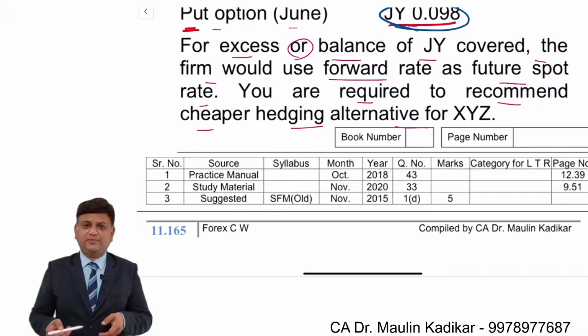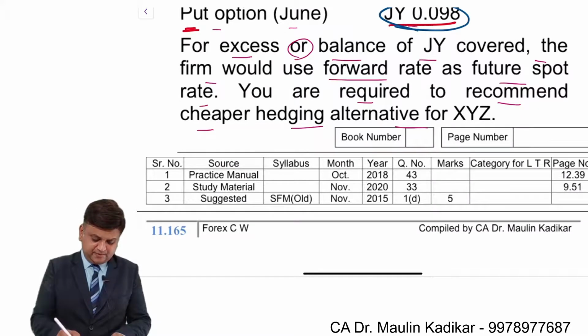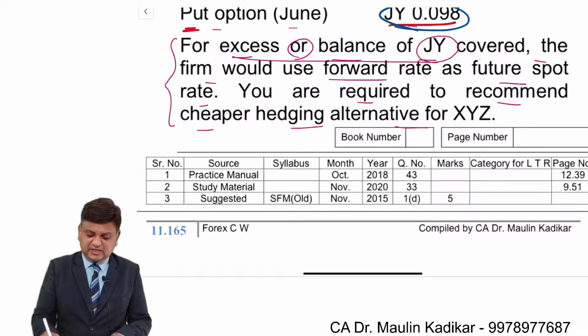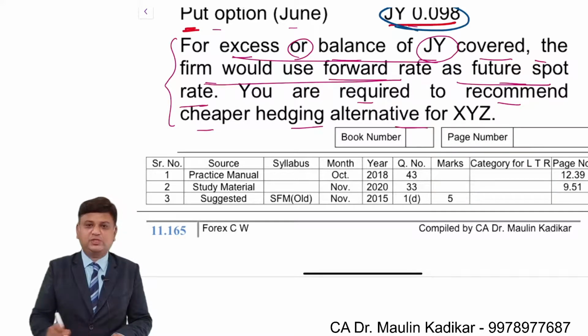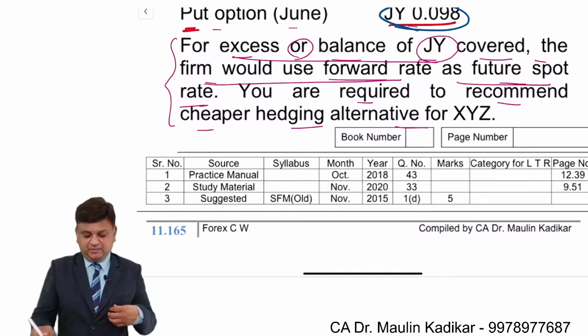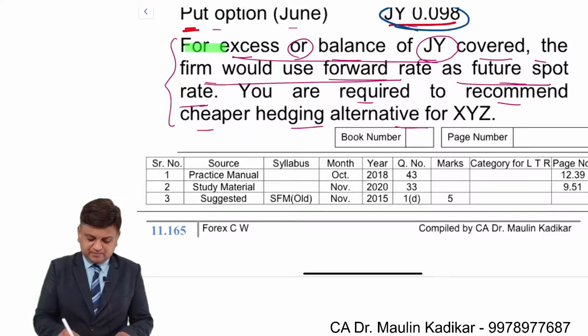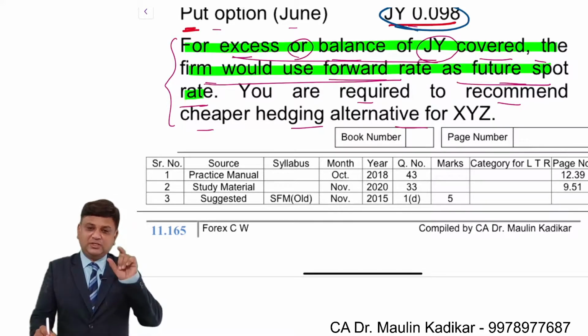See friends, over here surprisingly they have provided that for the excess over the balance of the Japanese yen cover, the firm would use the forward rate as the future spot rate. But this is of no use to us. This statement would be relevant if some lot size information would be given to us.